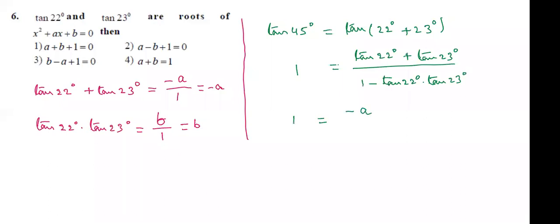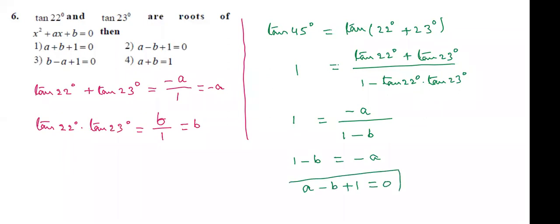That value is minus a. 1 minus product of the roots b. Take cross multiplication. 1 minus b is equal to minus a. Minus a send left hand side. Plus a minus b plus 1 is equal to 0. This is the condition. Which option correct, students? Second option.